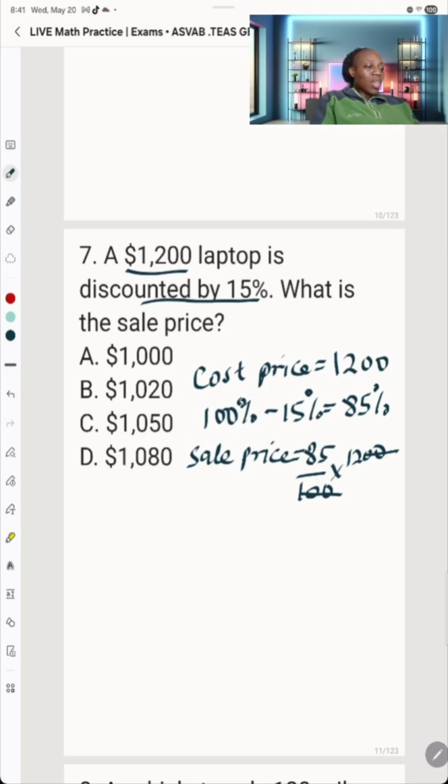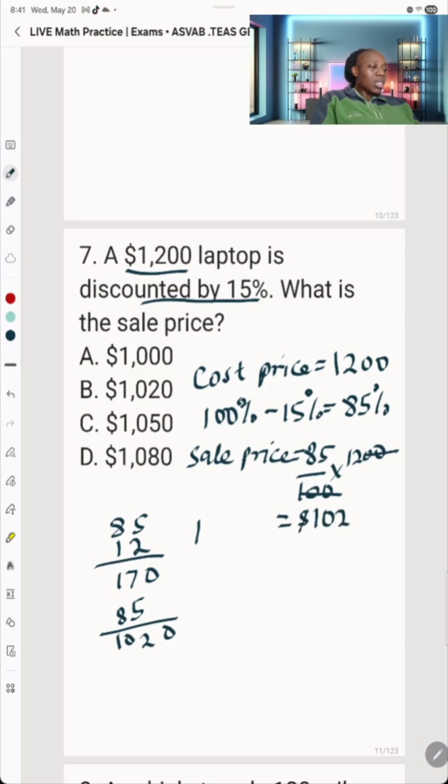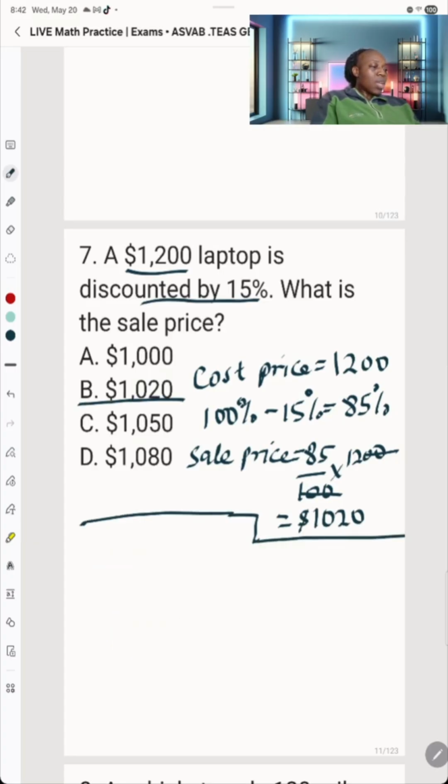So what do we have here? That's going to be 85 multiplied by 12. 2 times 5 is 10, let's keep 1. 2 times 8, 16 plus 1, that will be 17. Then 1 times 5, 5. 1 times 8, 8. Then we add, and that will be 1,020, which is B.